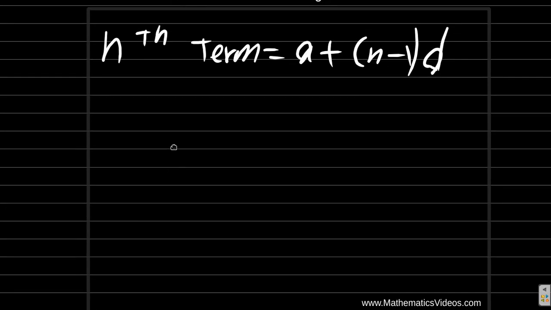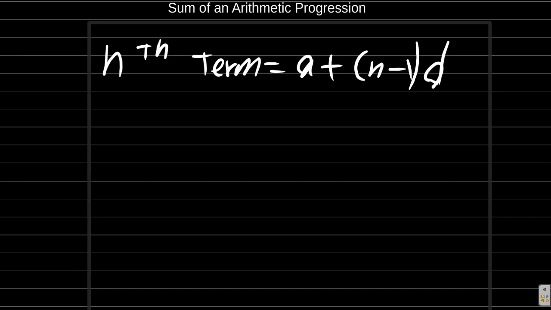From the previous video, we saw that the nth term is a plus (n minus 1)d. It's like you're saying the first term is a plus 0d, because 1 minus 1 is 0.